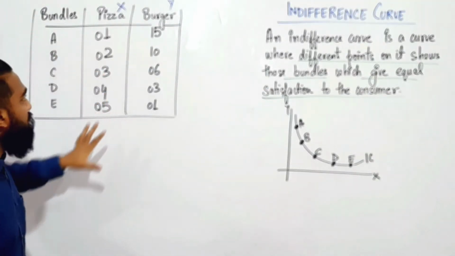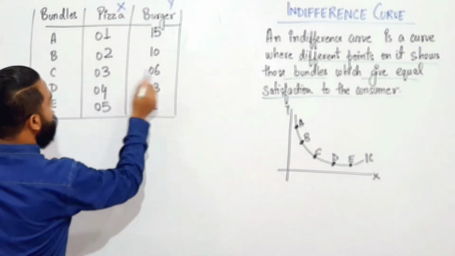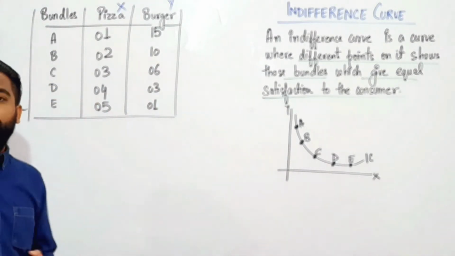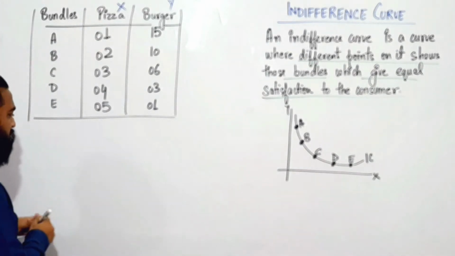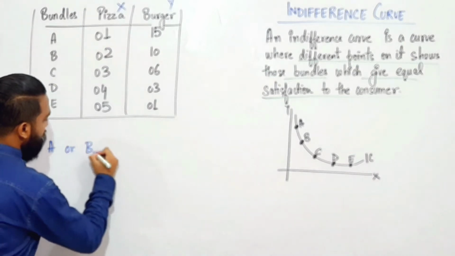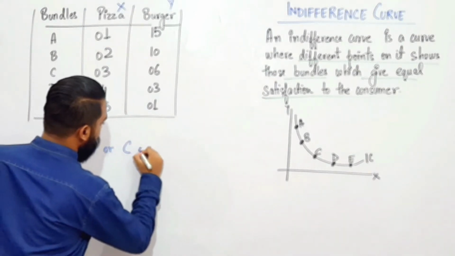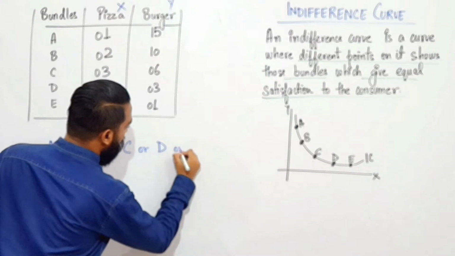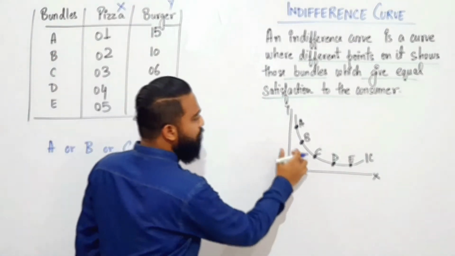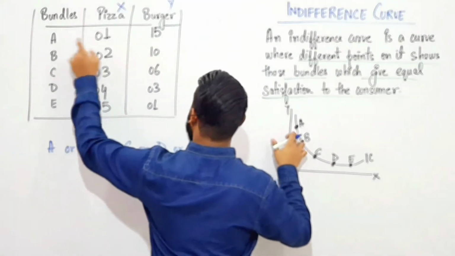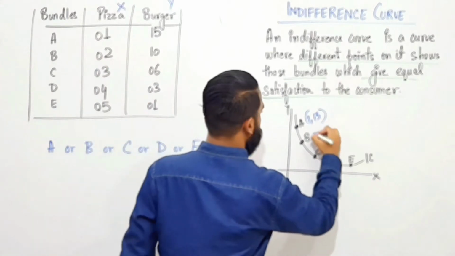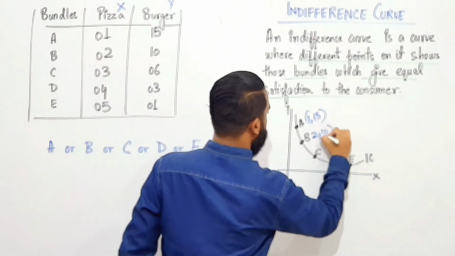These combinations of 2 goods, these bundles, bundle A, bundle B, bundle C, bundle D or bundle E, are these points. Point A shows 1 and 15. Point B shows 2 and 10.